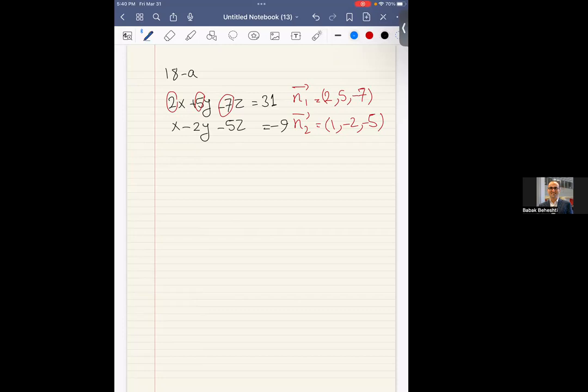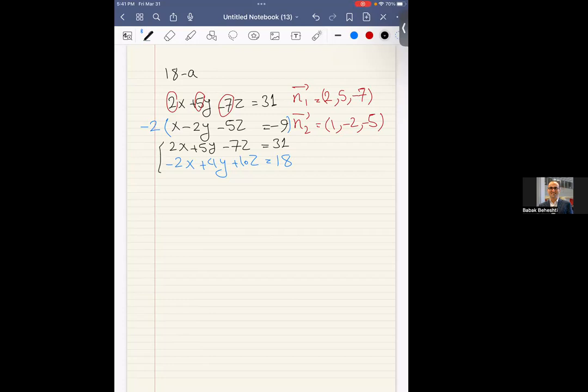If I multiply the second equation by -2, I get minus 2x plus 4y plus 10z equal to 18. And I just copy the first equation: 2x plus 5y minus 7z equal to 31.